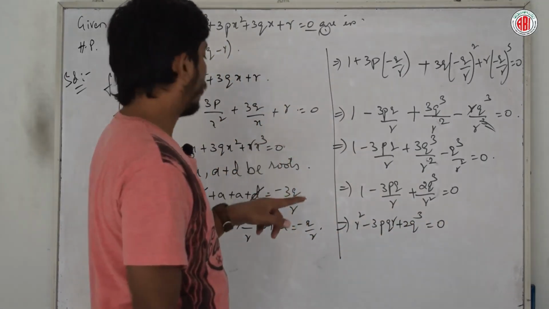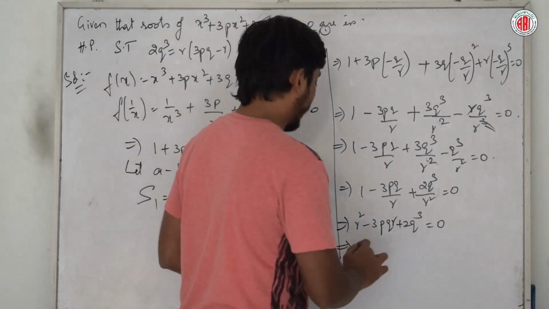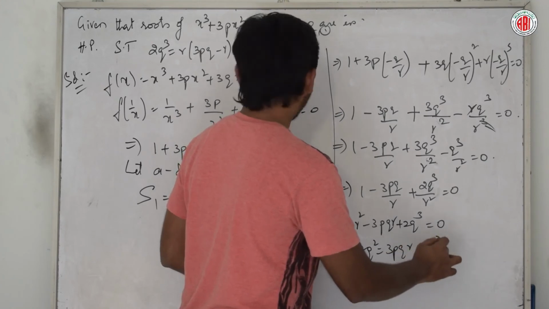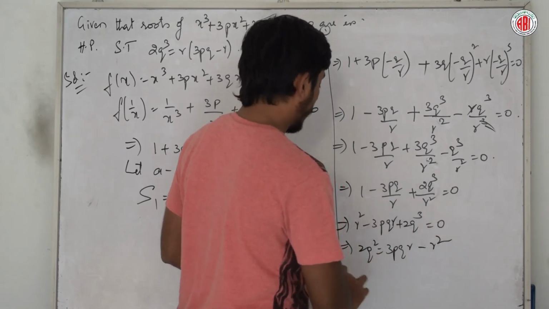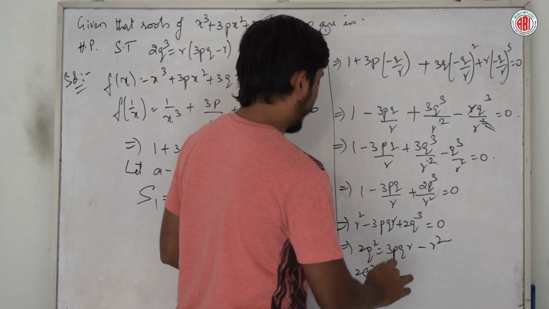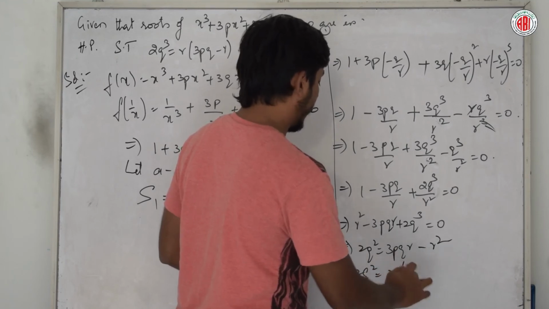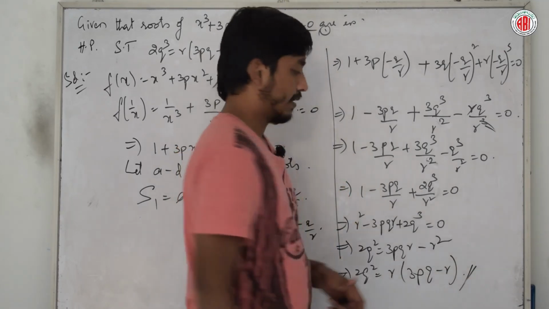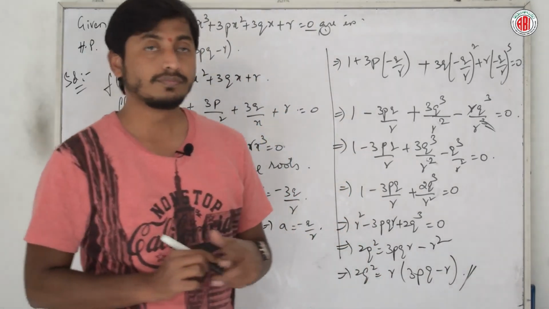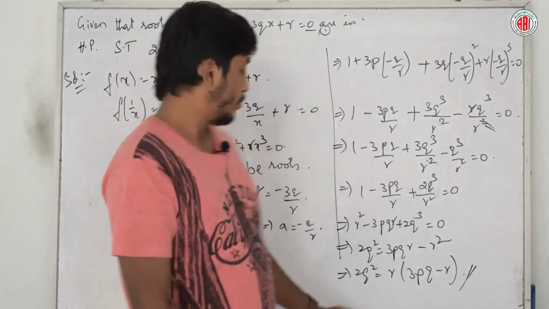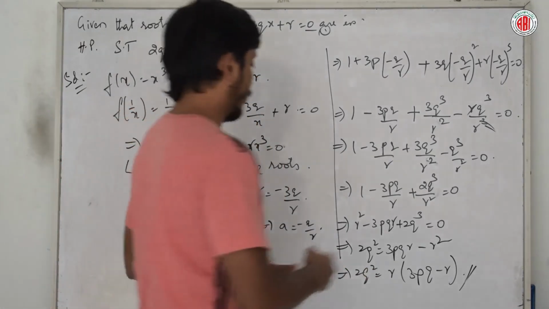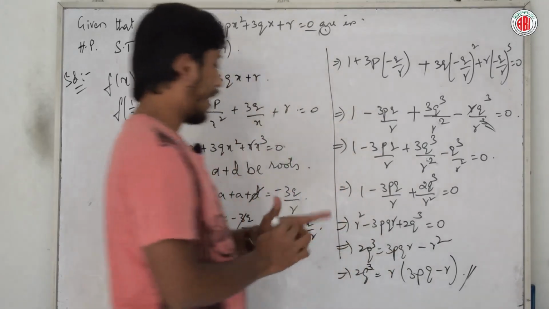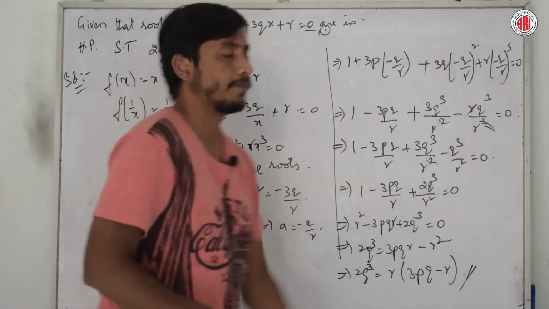Now let us put 2q cube here itself and send the remaining terms that side. 3pqr minus r square. So if I take r common, I will be left with 3pq minus r. That's what they asked us to prove. Yes, 2q cube is equal to r into 3pq minus r.